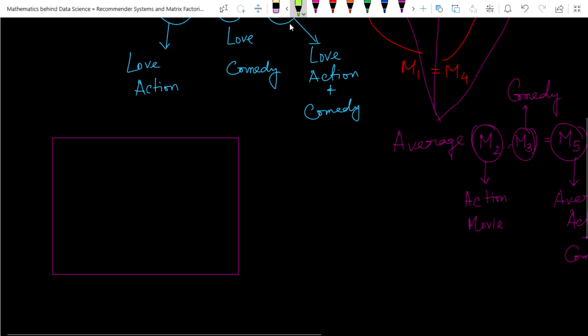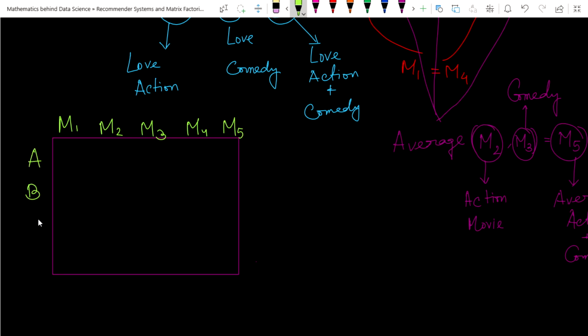In the data, we have movie 1, movie 2, movie 3, movie 4, movie 5, for user A, user B, user C, user D. Suppose everyone gives the average rating for each movie.